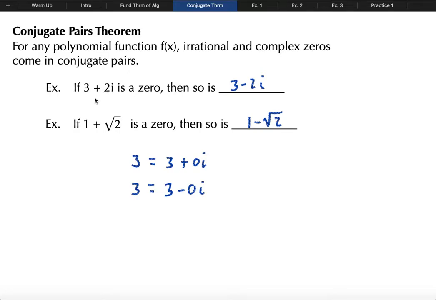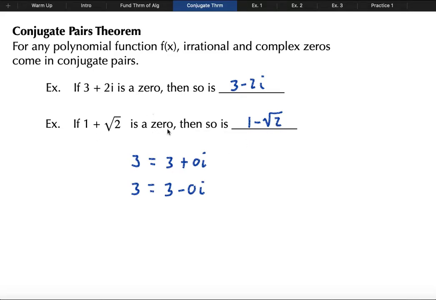So that means, let's say 3 plus 2i is a zero. Well, since that's complex, by this theorem its conjugate, 3 minus 2i, also has to be a zero of the function. Similarly, 1 plus the square root of 2 is an irrational zero in its exact form. If that's a zero, then its conjugate, 1 minus the square root of 2, also has to be a zero of the function.